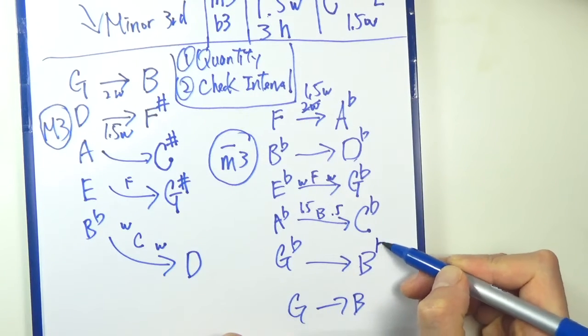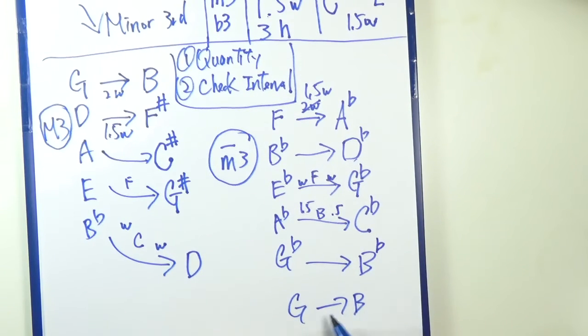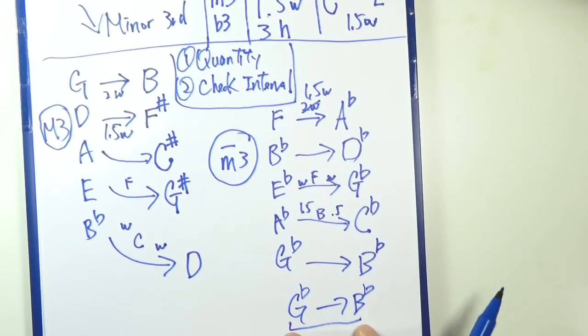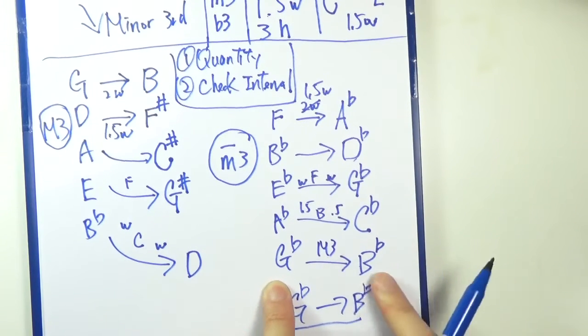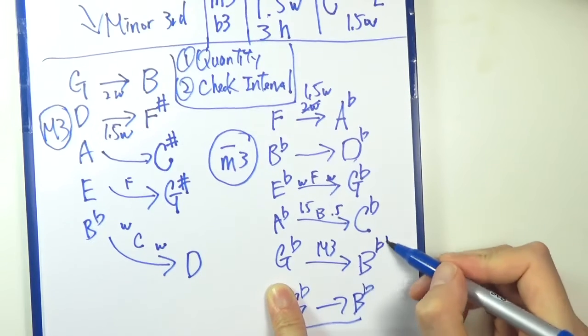So I would flatten that first. If you flatten both sides of a major third by a flat, you would still have a major third. That means it's still too big, so I'll put another flat here.